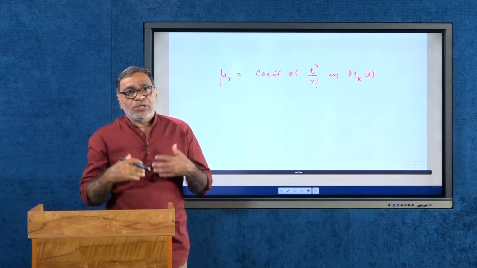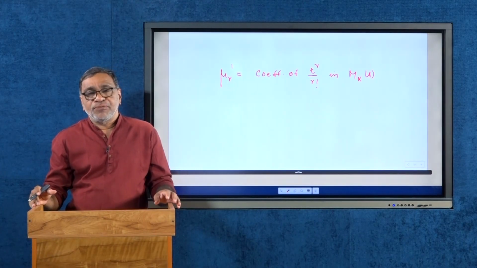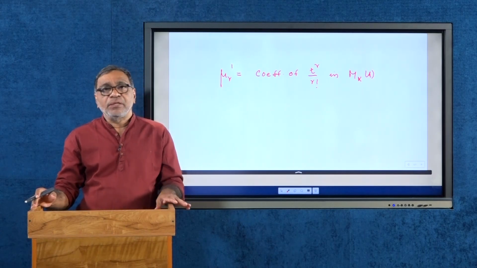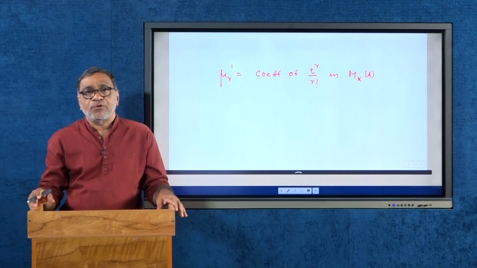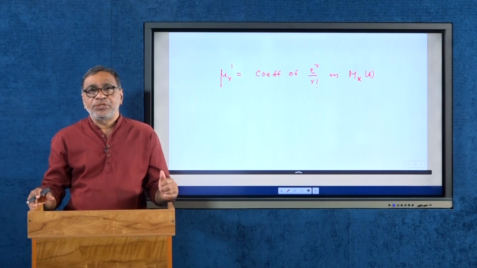So, if it is possible to expand the moment generating function as a power series of t, then you find the coefficient of t power r divided by r factorial, that is our mu r dash. So, you can find the moments from the moment generating function.